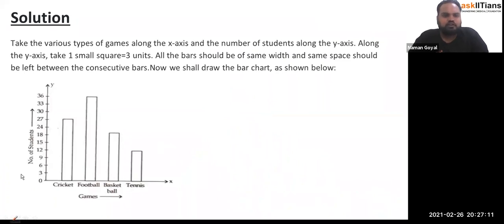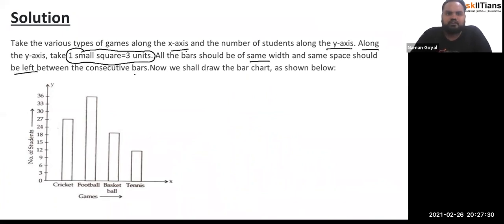Now if you see, take the various types of games along the x-axis, the number of students along the y-axis. Along the y-axis, take one small square equal to 3 units. All the bars should be of the same width and space should be left between the consecutive bars. Now we draw the bar chart as shown in the figure given below. So we can draw easily, right?